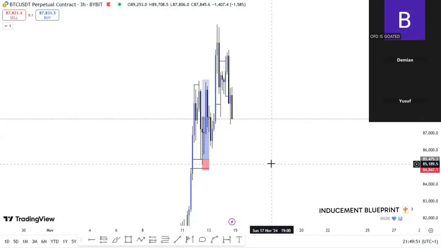So for the fair value gaps and then breaker blocks, we're just going to have another session for that because we are already out of time. Like I said, we just spent 40 minutes and then we're done. So I will use this remaining time now to entertain your questions and where you want me to explain more.